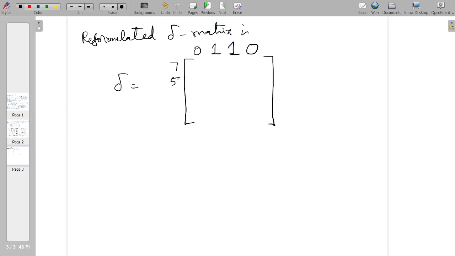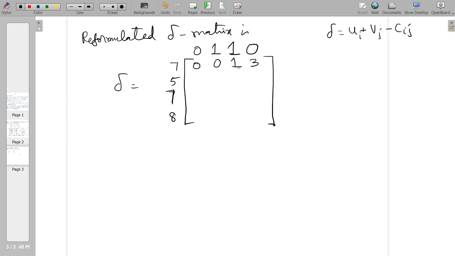7, 5, 7, 8. And then again I use the formula delta is equal to Ui plus Vj minus Cij, which will be the given matrix here. 7 plus 0 minus 7 would be 0. 8 minus 8 would be 0. 8 minus 7 would become 1 here. 7 minus 4 would become 3.